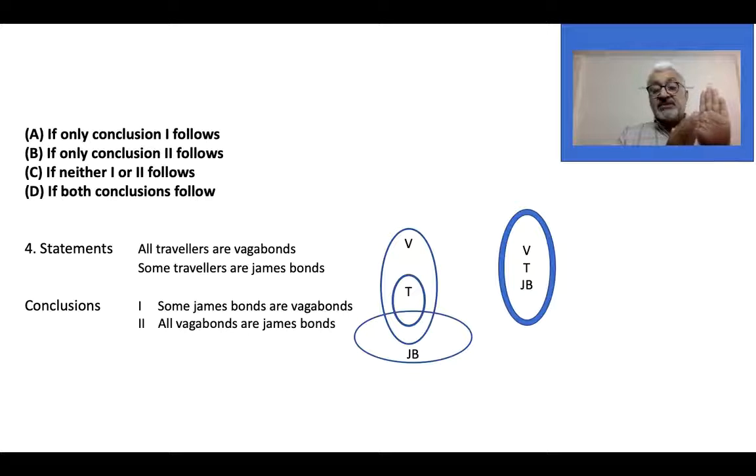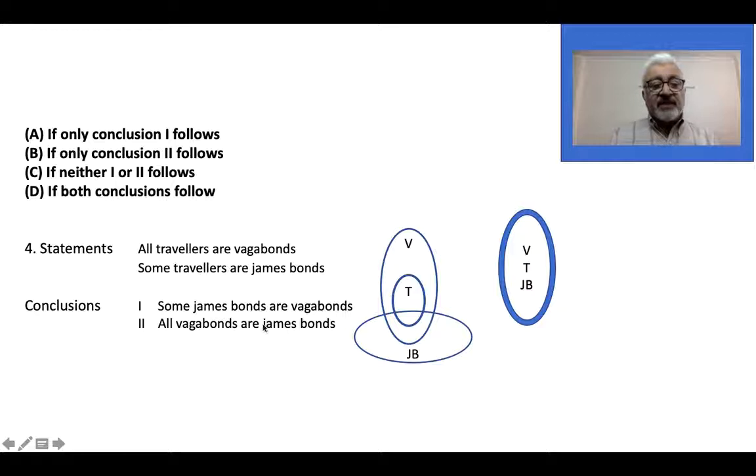The first one is of the vagabond, the second is representing the travelers, and the third one is representing James Bond. So if all three are of the same size and they represent vagabonds, travelers, and James Bond, then will this be true? All vagabonds are James Bond. The answer is yes. But this is not confirming.